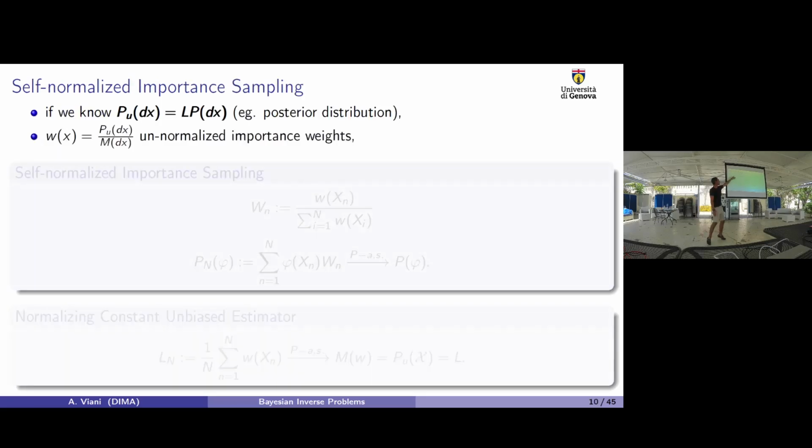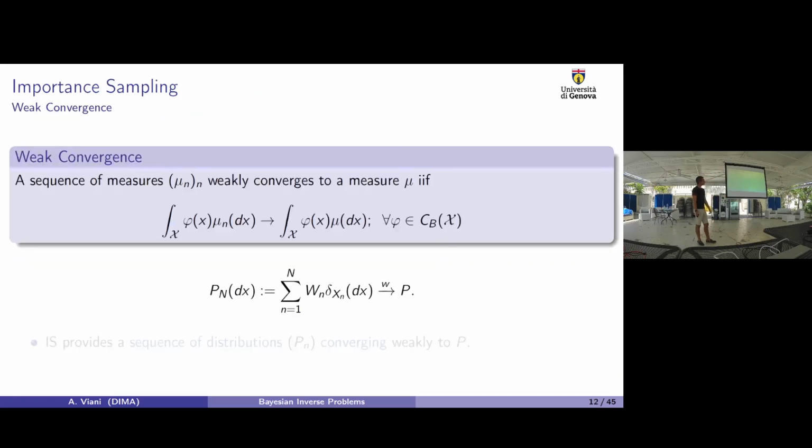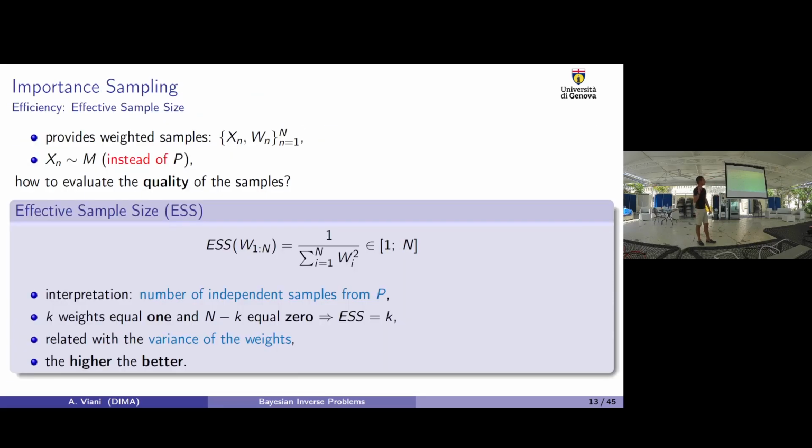If the weight is equal to 1, this means that P and M are the same. So if I get a weight equal to 1, it means that I'm sampling from P. And of course, this is related with the variance of the weights. And the higher the better, because if the ESS is n, this means that we are effectively sampling from P.